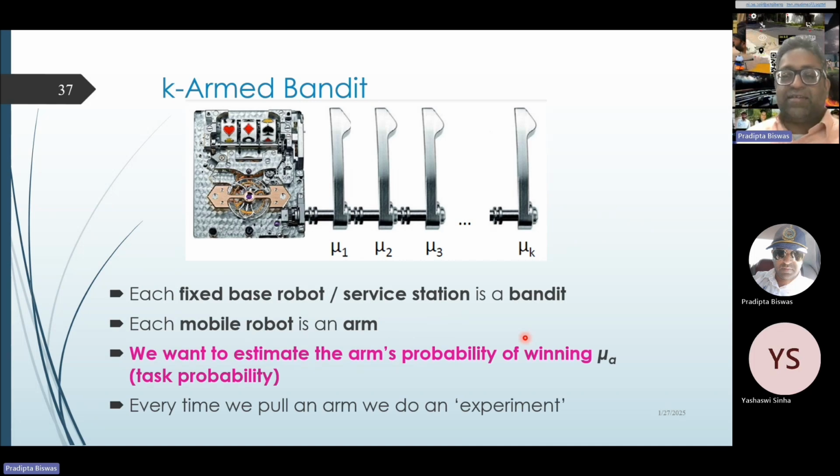With respect to our previous example, each fixed base robot or service station was a bandit and each mobile robot is an arm, and we have to allocate the mobile robot to the fixed base bot in a way that maximizes this winning probability. Now, what is the reward?